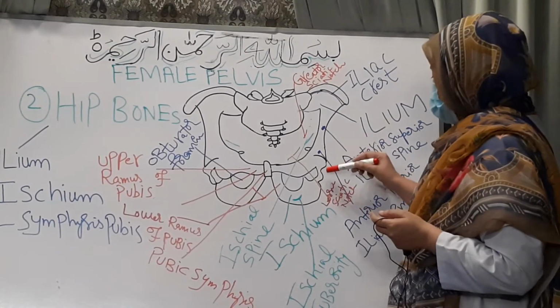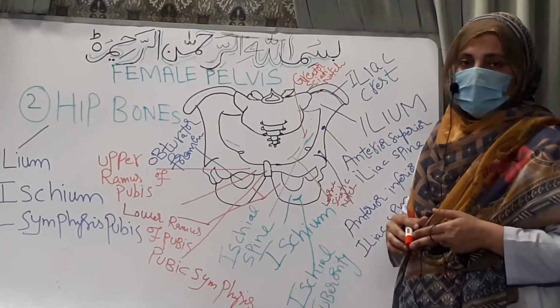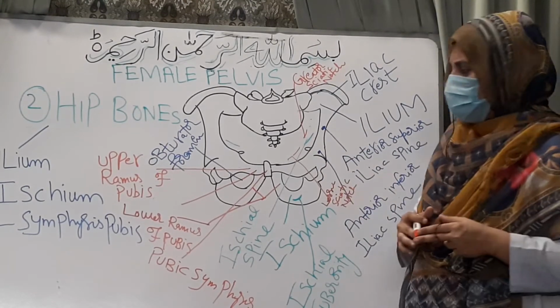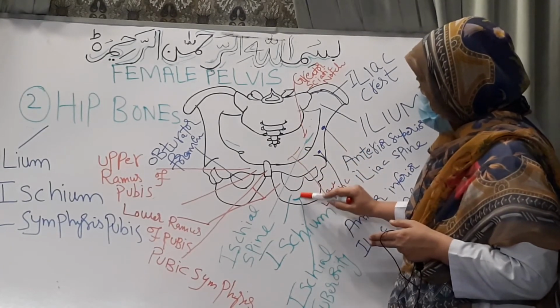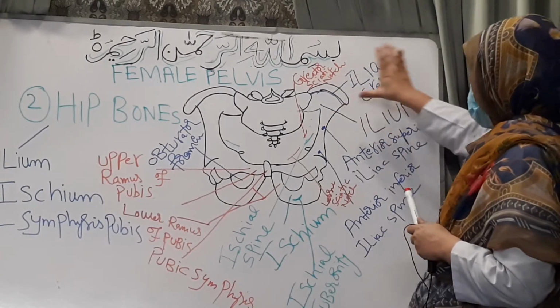Clear? And the lesser sciatic notch lies between the ischial spine and the ischial tuberosity. Clear? Now I want to erase this.